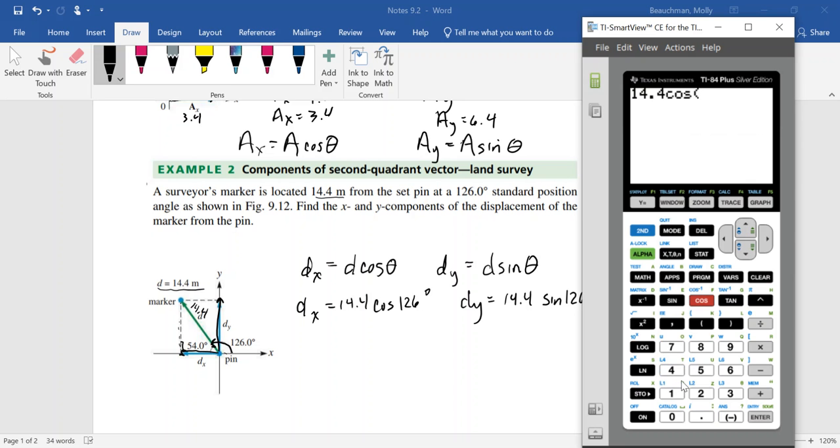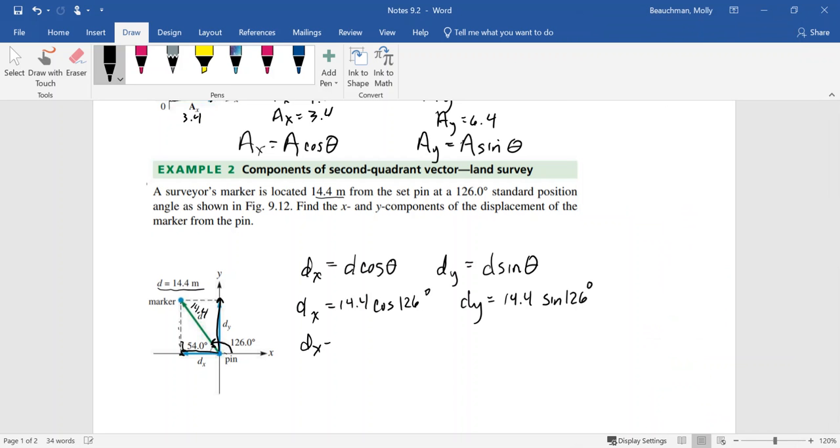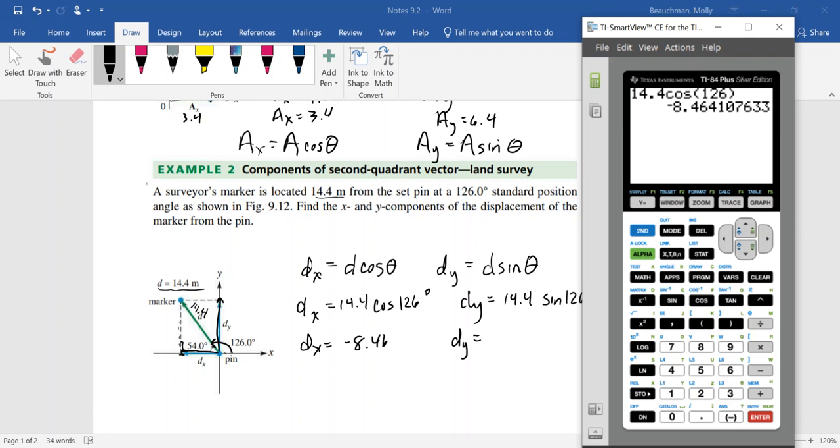So 14.4 times the cosine of 126 is negative 8.46 if we round to two places. Notice that makes sense. It's in the second quadrant, so your x-coordinate is negative. And since we're in the second quadrant, the y-coordinate should be positive.